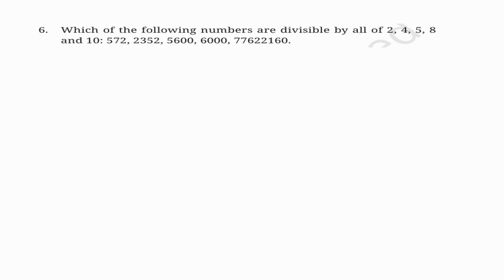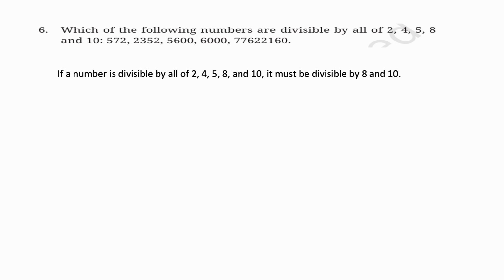Which of the following numbers are divisible by all of 2, 4, 5, 8 and 10? Here the numbers given are 572, 2352, 5600, 6000, 7 crore 76 lakh 22,160.